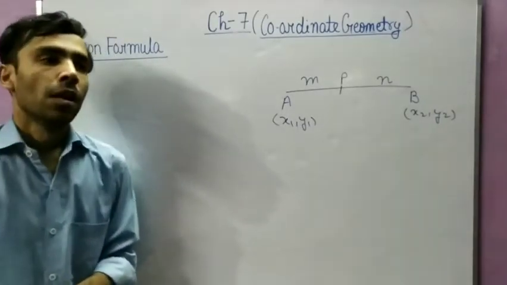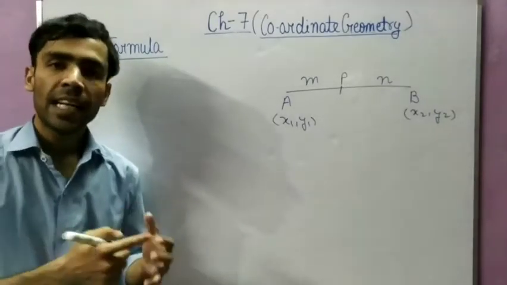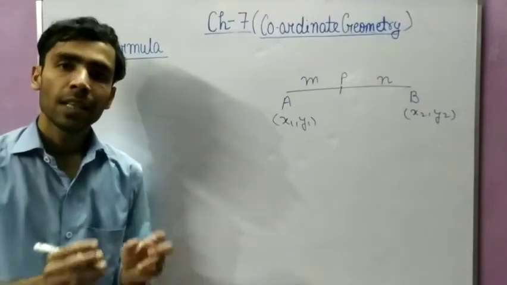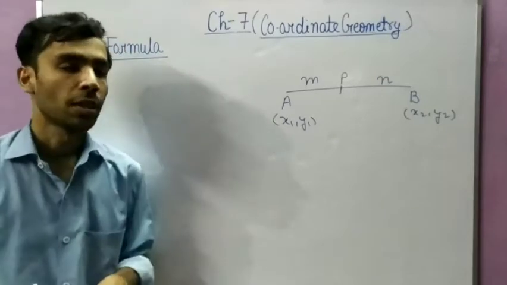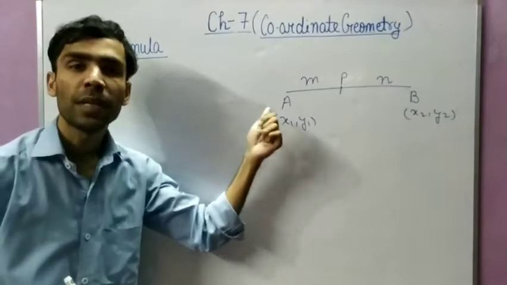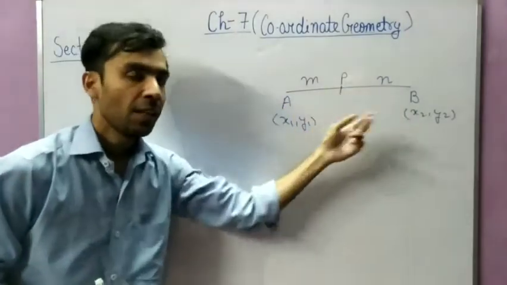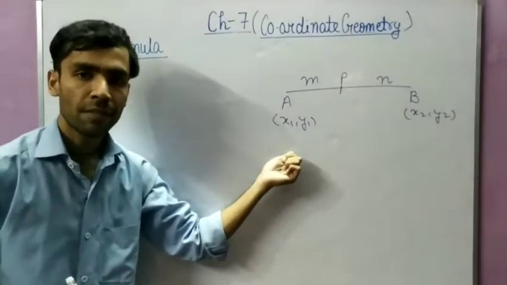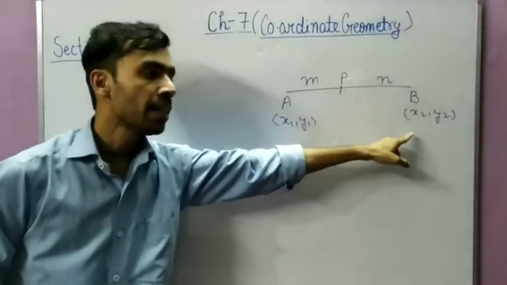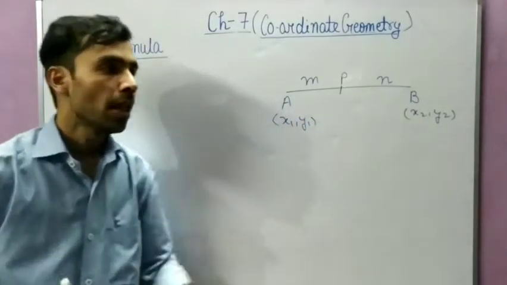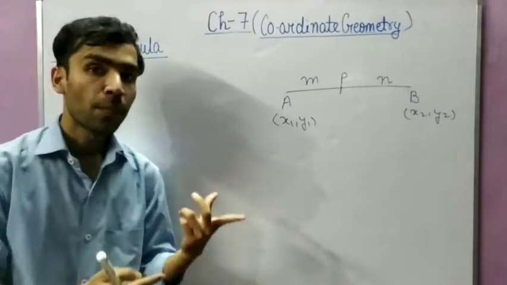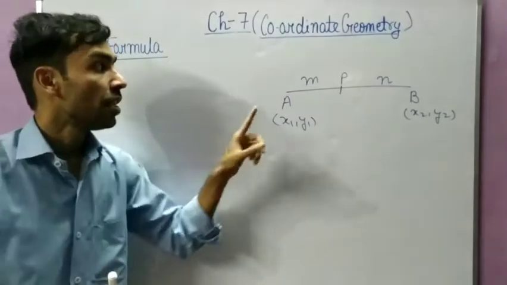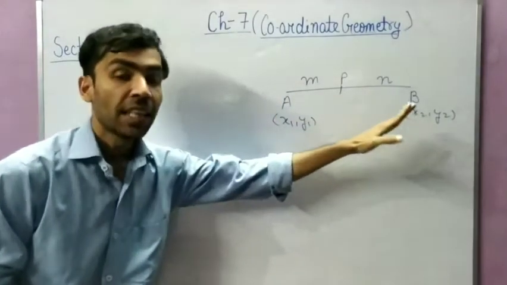See, when there is a line segment, we all know that a line segment has two end points. So suppose the two end points are A and B, where the coordinate of A is x1 y1 and the coordinate of B is x2 y2, okay? Now there is another point P which divides AB internally.